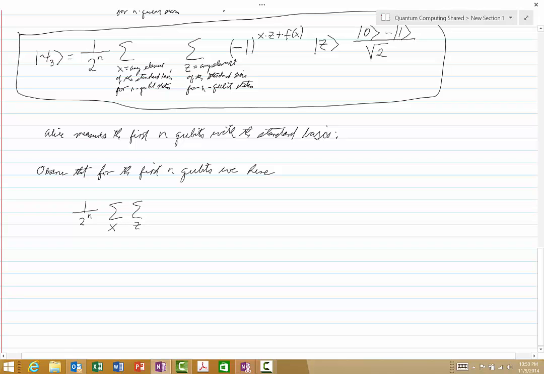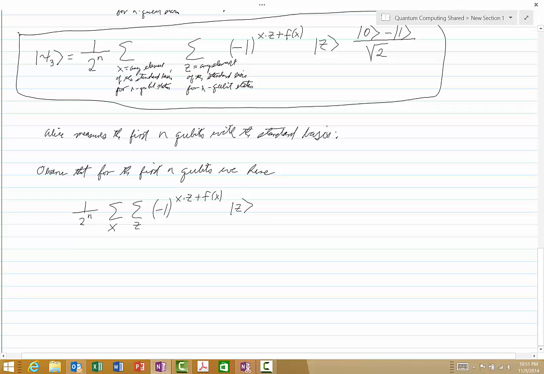Sum over z (-1) to the x dot z plus f of x |z⟩. Okay? Now, keep in mind, we're having to sum each one of these sums. The first one is for x, assuming all possible values in the standard basis for n-qubit states, and the second one is for z, assuming all possible values.